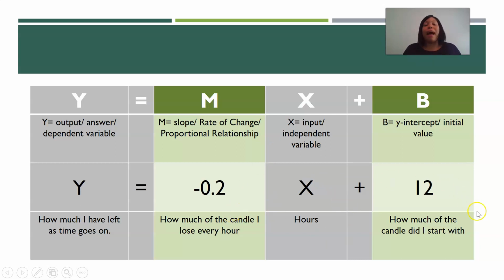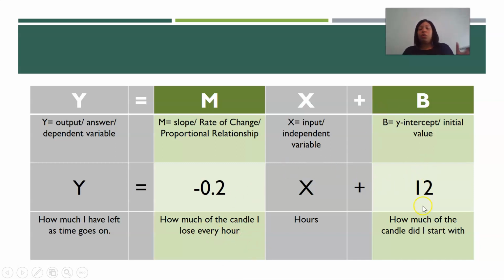But my M and my B can never change in this situation. So let's look at my M. If my M is negative 0.2, that is how much of the candle I lose every hour. No matter if I burn it 2 hours, 3 hours, 4 hours, 5 hours, I'm literally only losing 0.2 ounces of the candle.